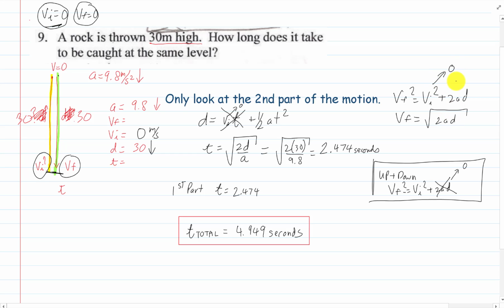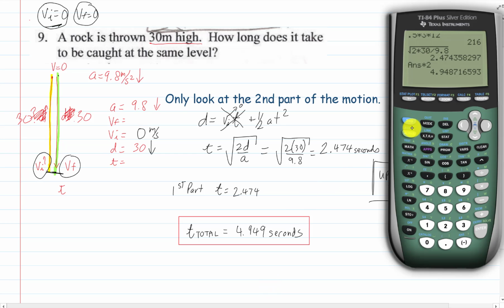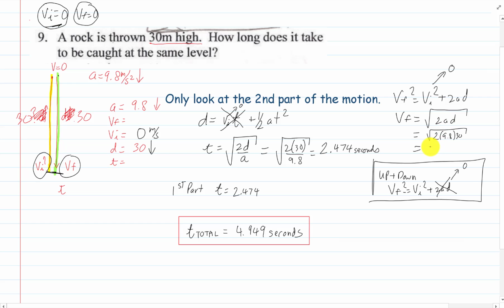So this is the square root of 2 times 9.8 times 30. That's the speed, 24.25 meters per second down. And that'll be the speed that it lands at, and that'll also be the speed that it was thrown at.